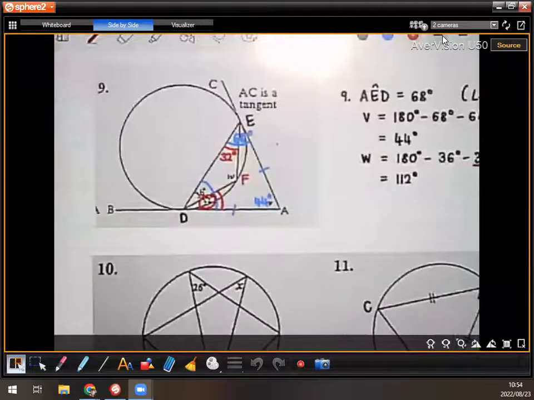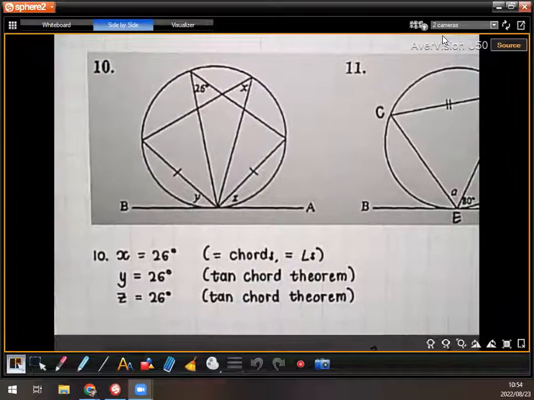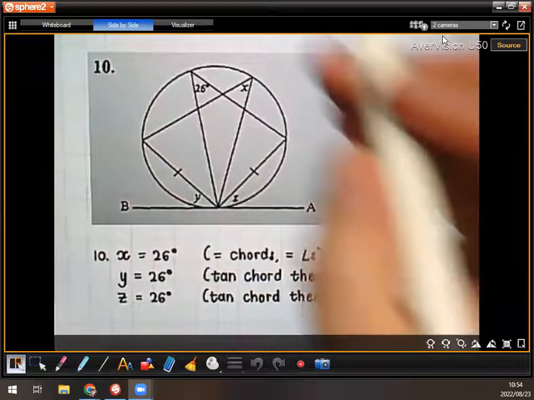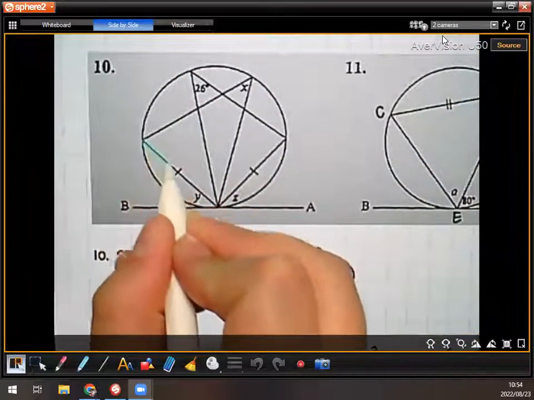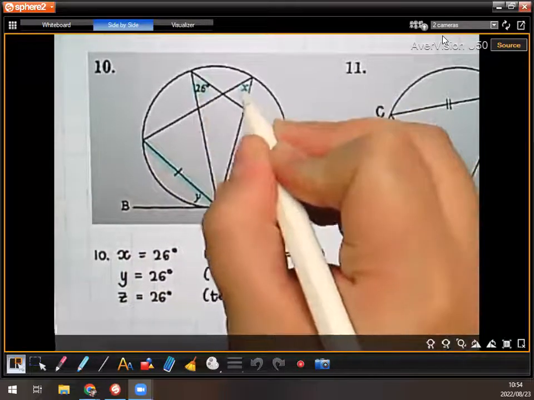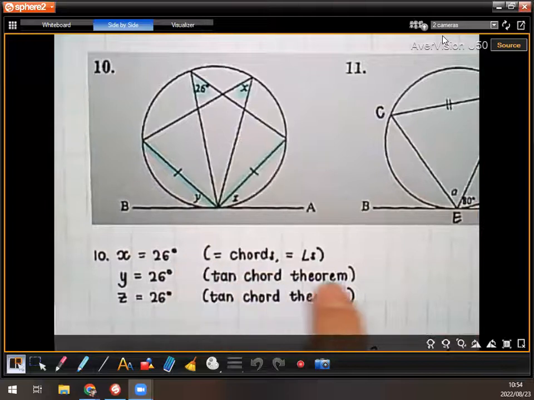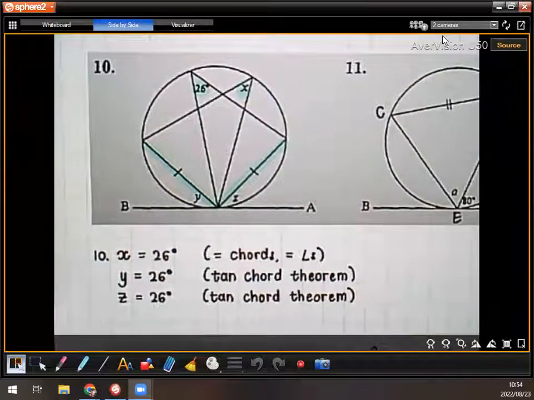Okay, number 10. Number 10 wasn't that bad, right? For number 10, you had these two chords that are equal. So those two angles are equal, because equal chords give equal angles. We find that one. And then after that, I use the tan chord theorem for both of them.